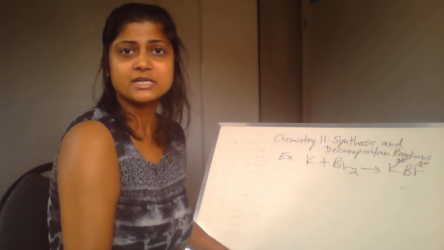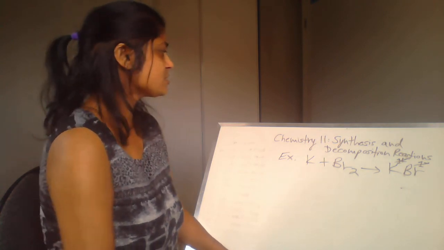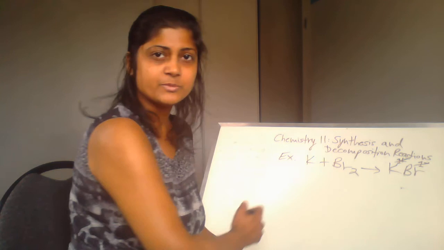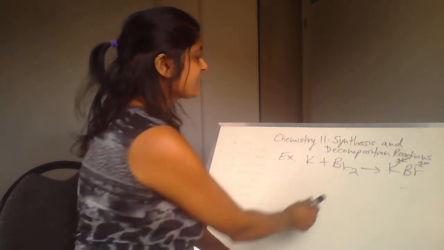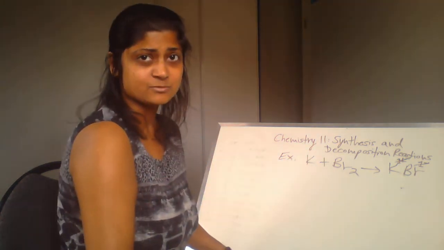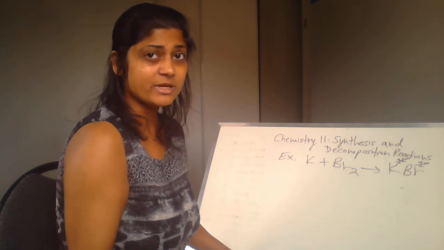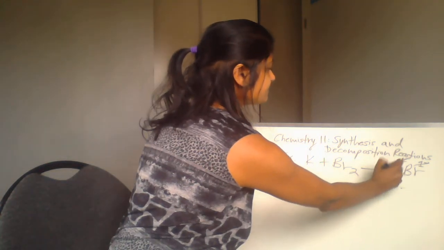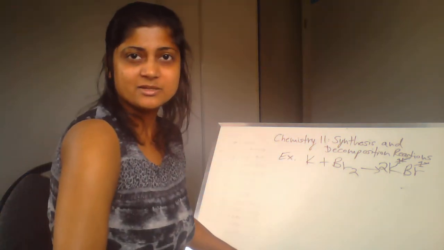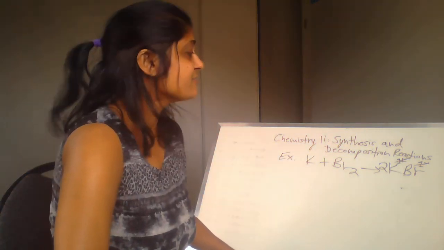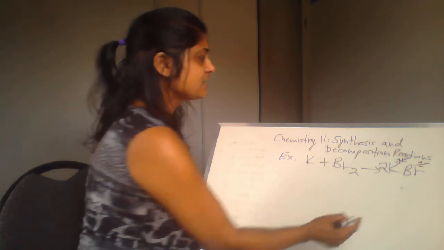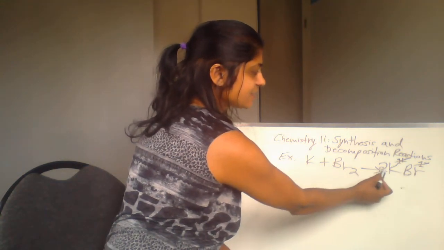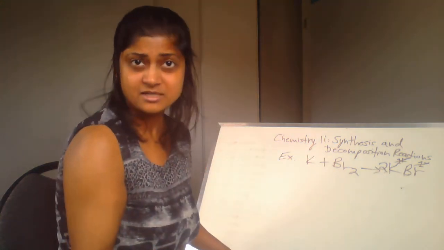I have to make sure that it is balanced, okay? So what I'm going to do is I'm looking at the bromine on the reactant side. I can see that there are 2 bromine atoms, okay? And the only way I can balance it on the product side is by putting a 2 in front. So again, remember when you're putting the number in front here of the compound, I now have 2 bromine, but I also have 2 potassium atoms.